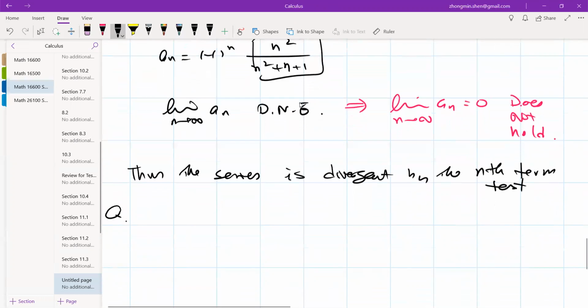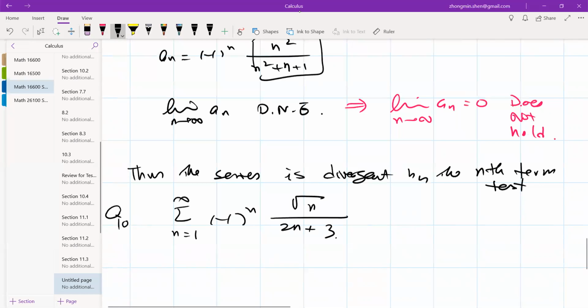I'm going to finish all the even number problems, number 10. I think this is convergent.